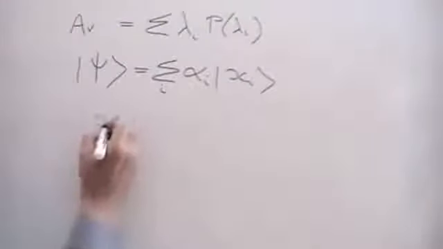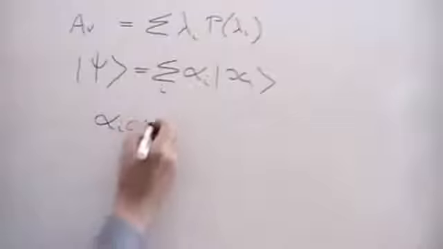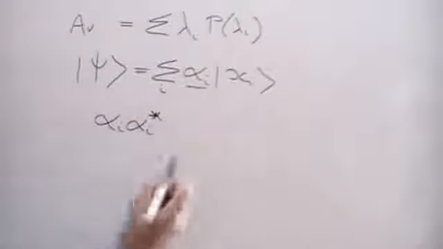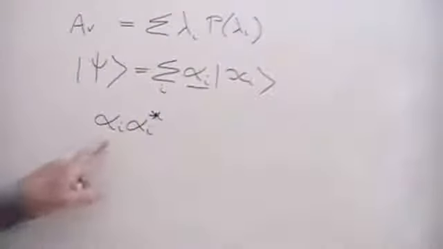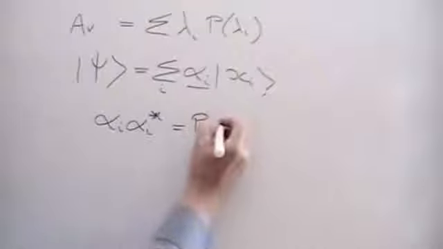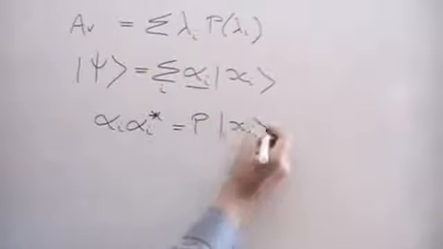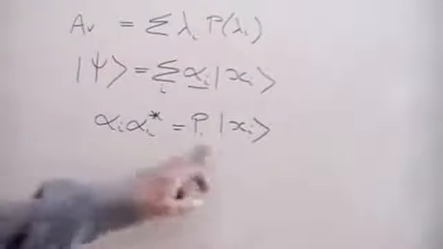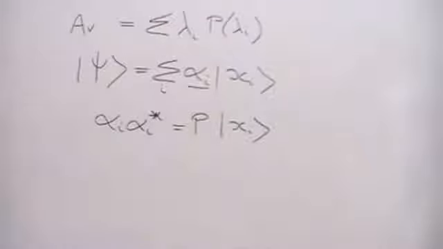And we've also shown that alpha i times alpha i star, which is essentially this term squared, whenever you square something you multiply it by its complex conjugate, is essentially the probability of getting the state xi. It's the probability of getting that particular state.